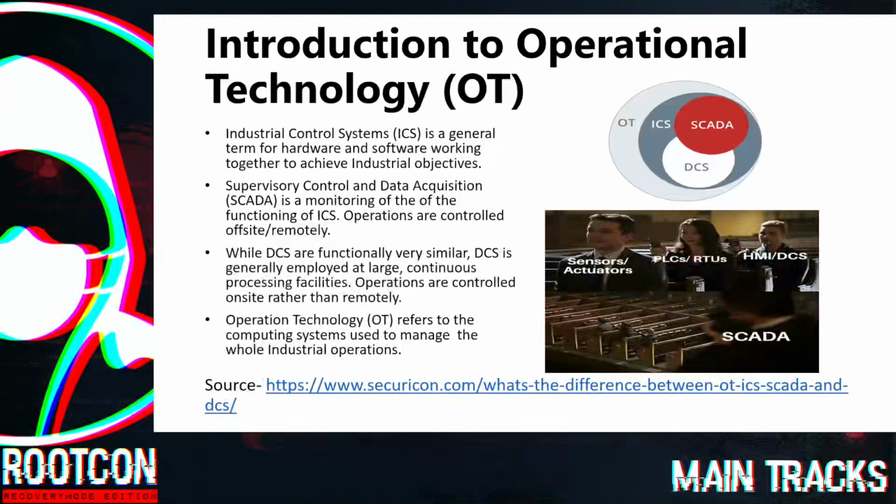Suppose we have a manufacturing plant of 3 floors, and on all floors an HMI is installed. When we manage and govern multiple HMIs within the plant environment of a large continuous processing facility at one place, we call it a DCS, distributed control system. If we manage and control the same operations remotely rather than on-site, we call it SCADA, supervisory control and data acquisition.